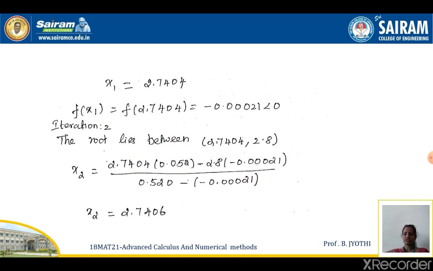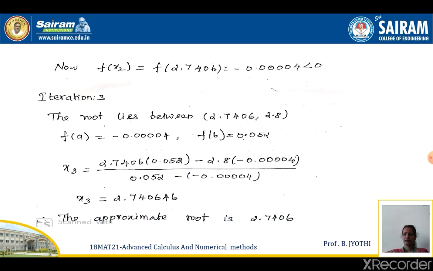In the same procedure, we will compute x2, getting 2.7406. Now we can observe the difference between x1 and x2 is exactly 3 decimal places. It repeats the same. So f(x2) is again a negative value.